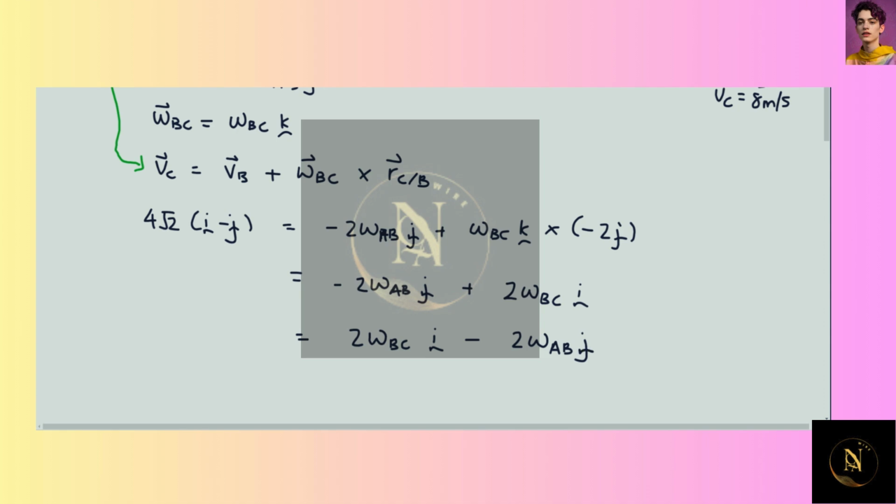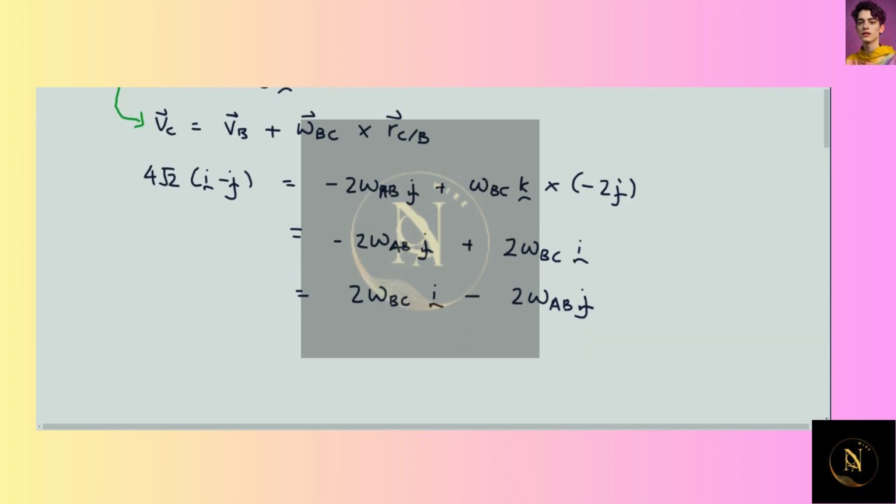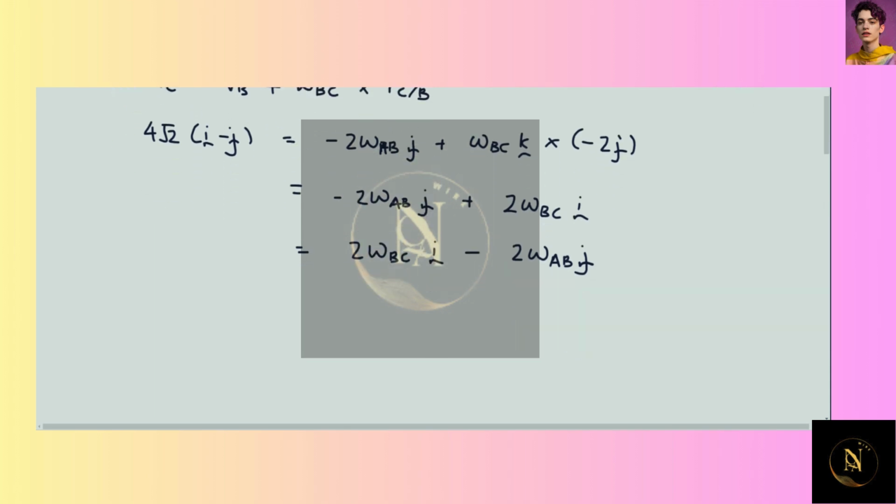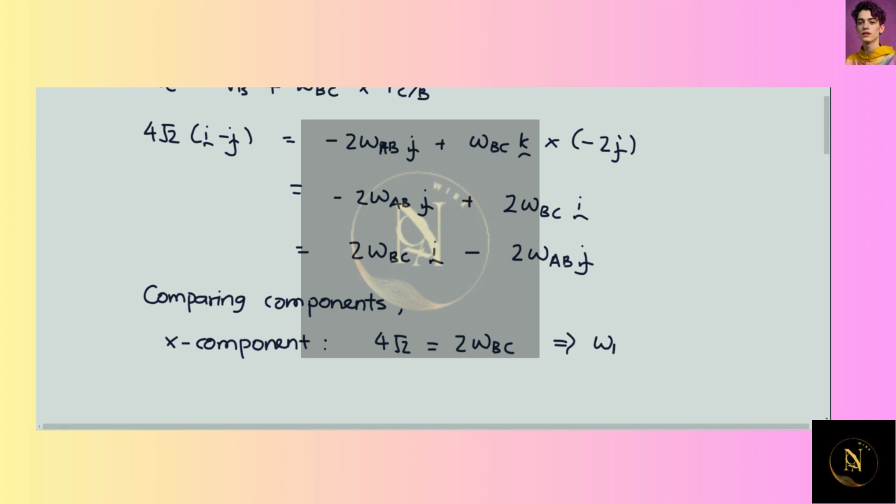Okay, so right now you can see that we can compare components. Comparing components, the x component: we have 4 root 2 equals 2 omega BC, which means that omega BC is 2 root 2, so this is 2.83 radians per second.